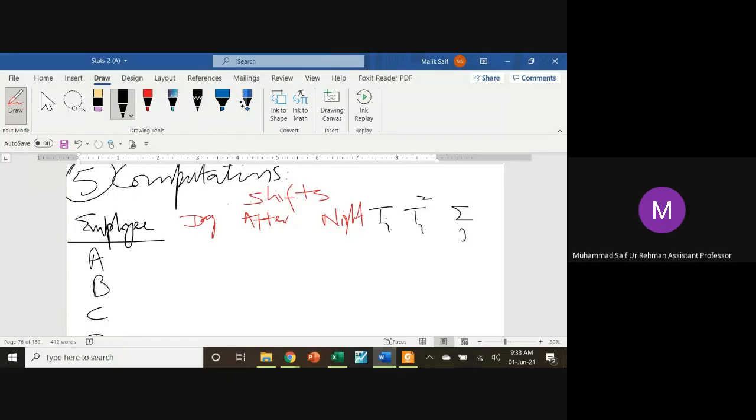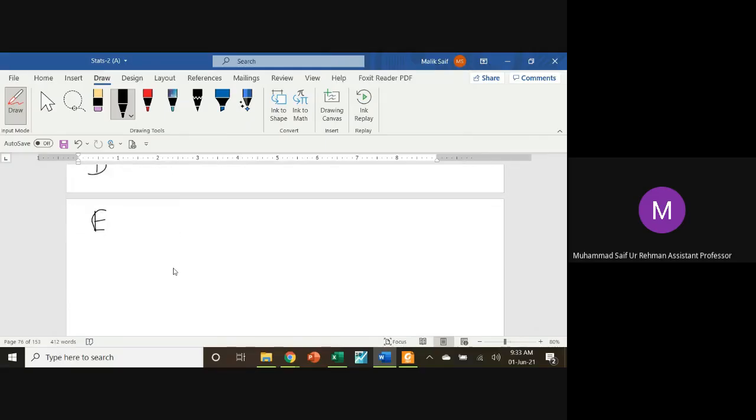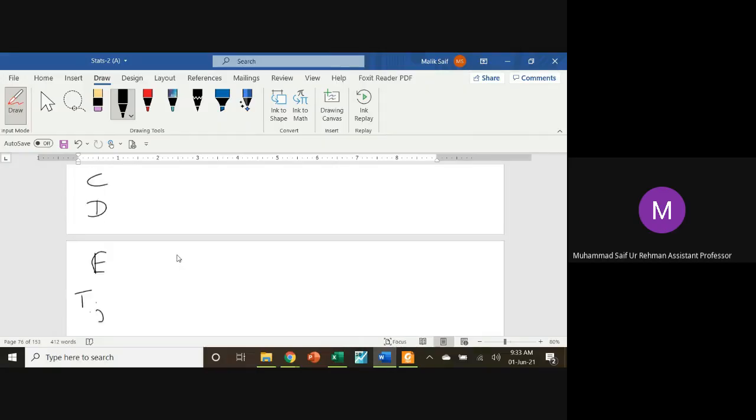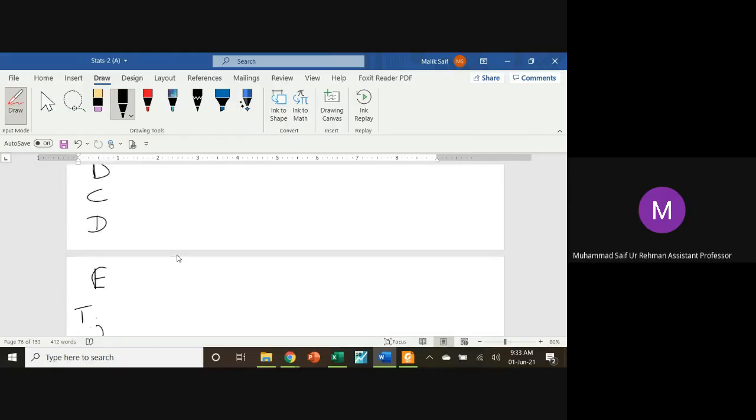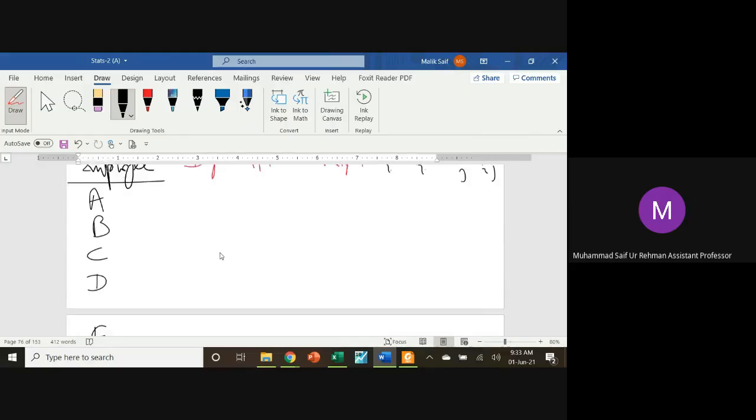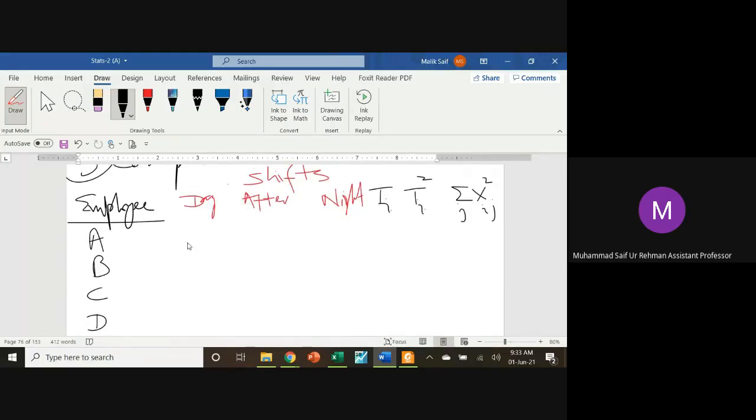In the first column you write T dot J, because the column remains the same and you see different rows.